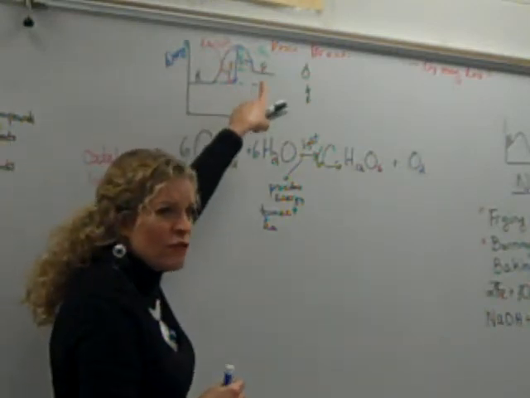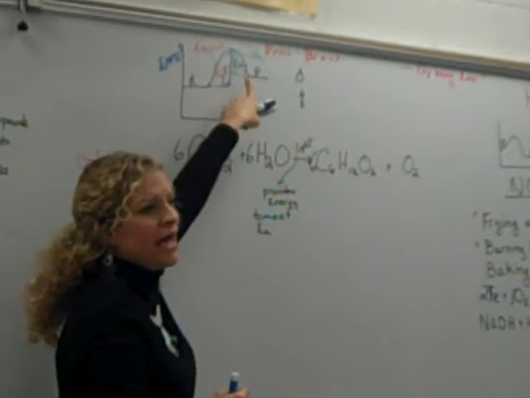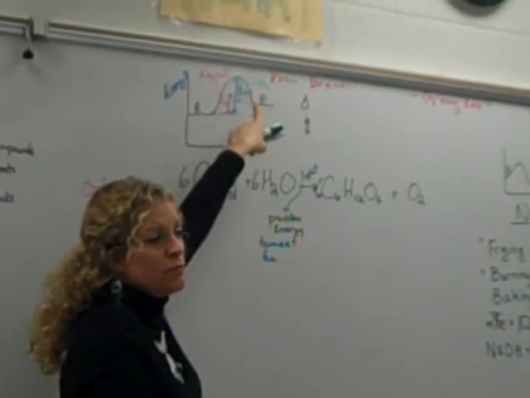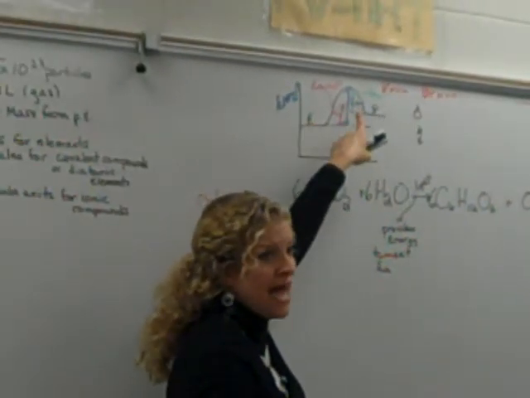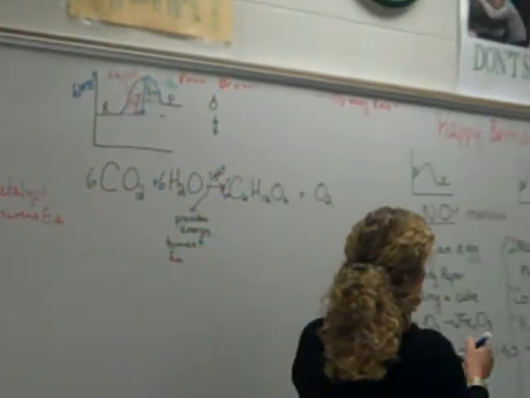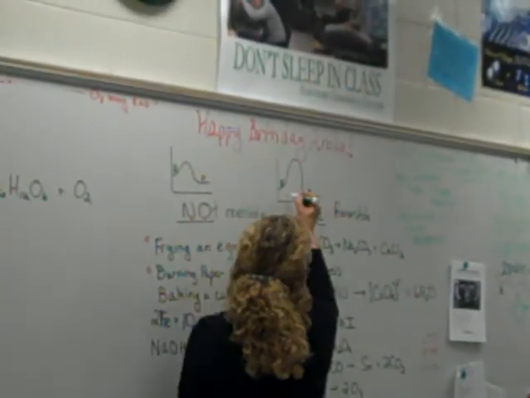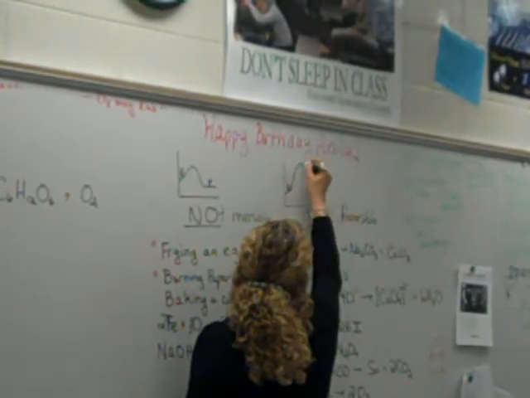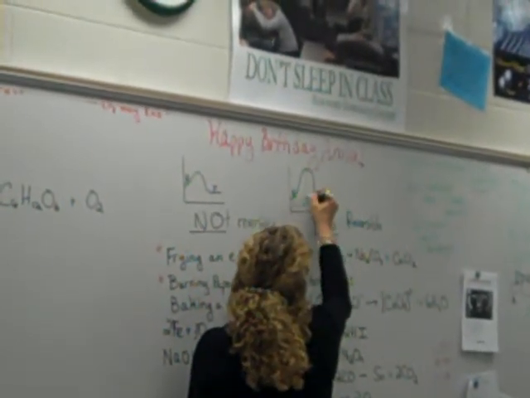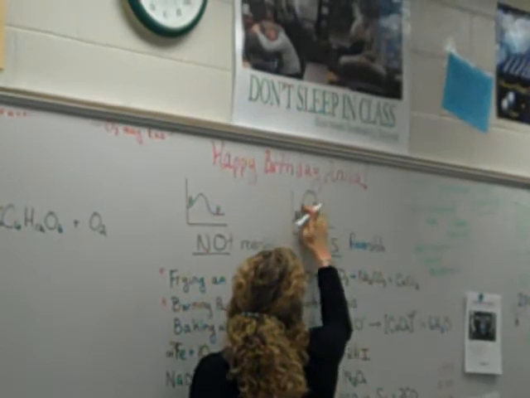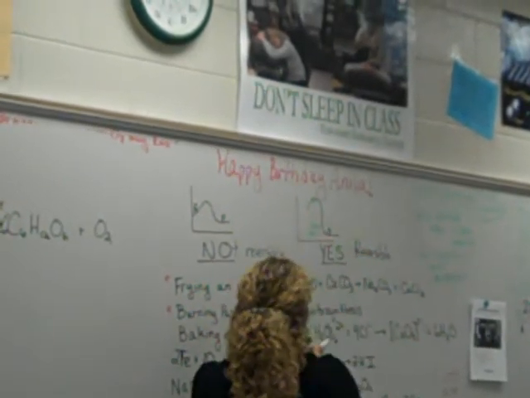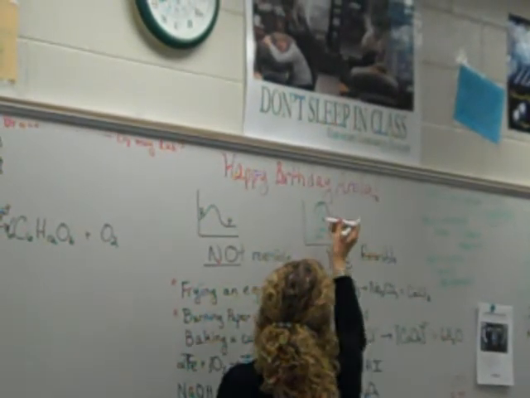What's the activation energy for the reverse reaction like? Is it more or less? Less. It's less. Okay, so over here, let's pencil in the reverse activation energy. Here, this would be the activation energy for reverse, and I'm actually going to put this up a little higher.